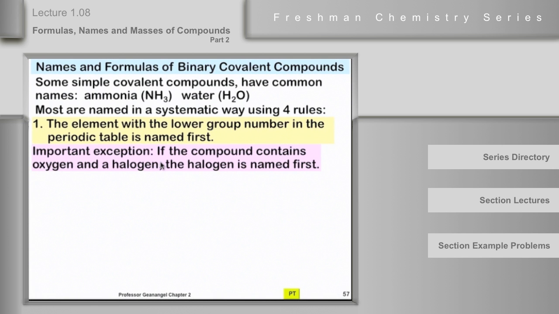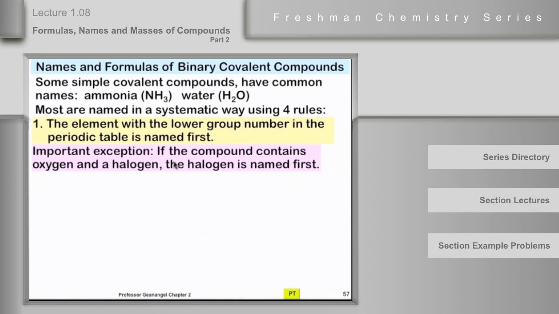There is a major exception to that. Well, really, there's 2. Hydrogen is not usually named first, but we're going to have to treat its compounds separately because of the fact that it is a unique element.